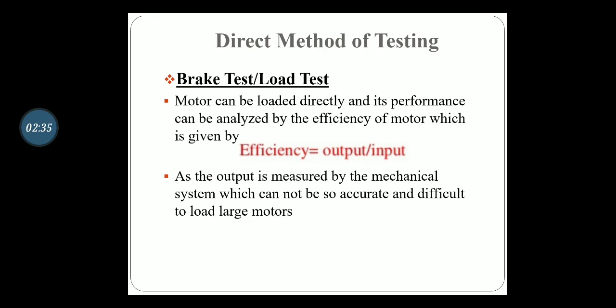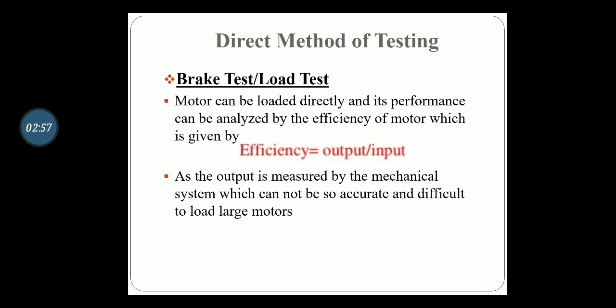So the direct method of testing, brake test or load test. Motor can be loaded directly and its performance can be analyzed by the efficiency of the motor, which is given by efficiency equals output power to the input power.